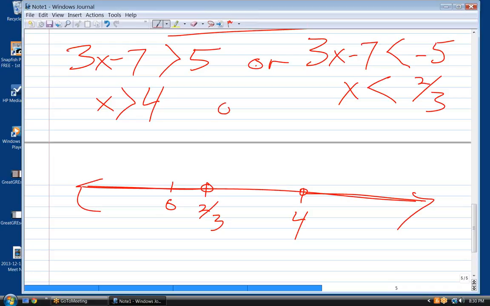And the answer would read x is greater than 4 or x is less than 2/3. Or you might reverse it so that it starts from left and goes to the right. In other words, this one first or this one. Okay.